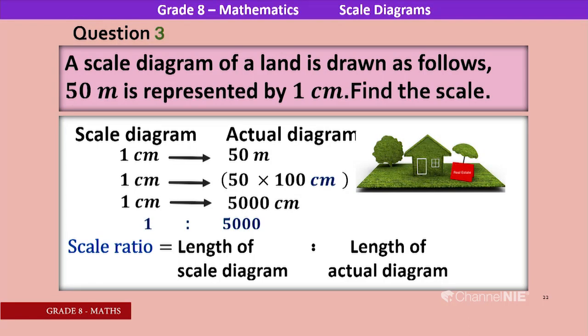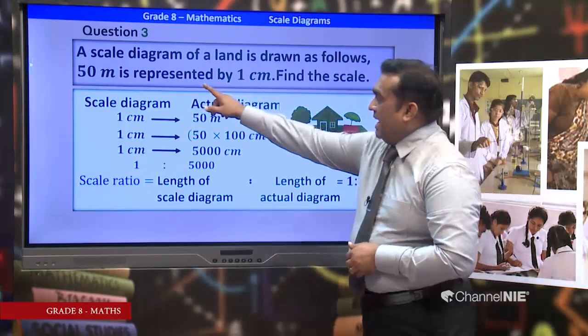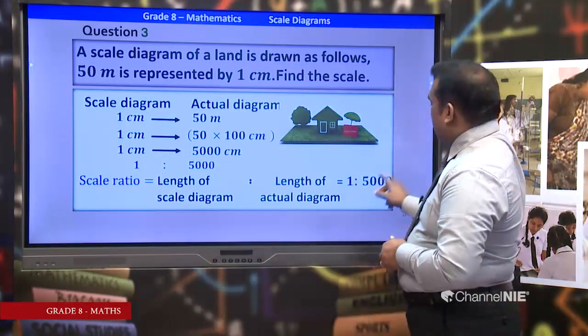That is the ratio. Scale ratio equals length of scale diagram is to length of actual diagram, that is 1 is to 5000, as a ratio.